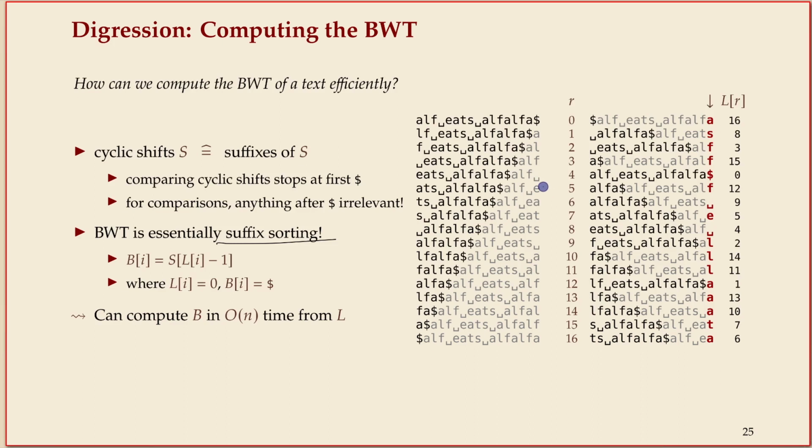That is actually the character that comes one before that character. So what I have to do is subtract one and then look in the text. Maybe it should be, okay, it was called the source text in Unit 5. So you look at the position that comes before that starting position of the suffix. That's how you can compute the Burrows-Wheeler transform in linear time from the suffix array.